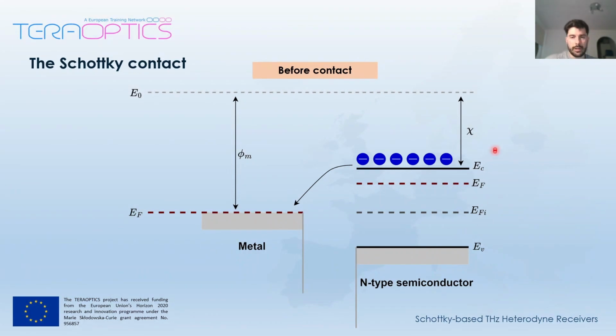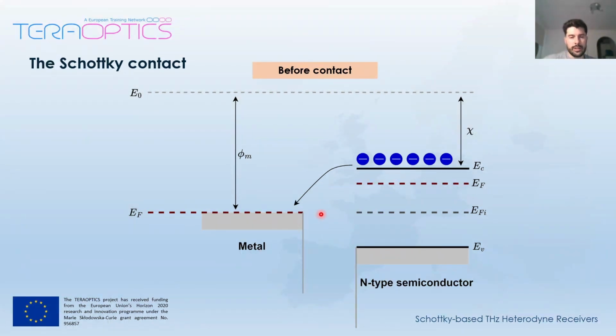Therefore, we have a high number of electrons that are free to move in the conduction band. An important parameter of the semiconductor is also the electron affinity, which is the energy required to go from the conduction band to the vacuum energy level. And then we find a similar concept in the metal, which is called the metal work function. These two parameters are key in the formation of a Schottky barrier.